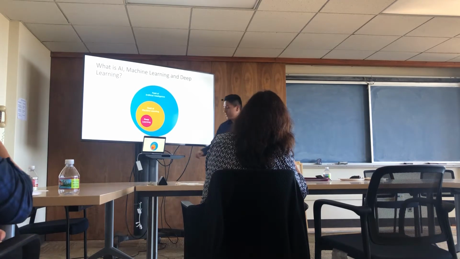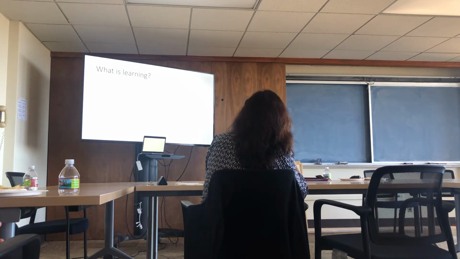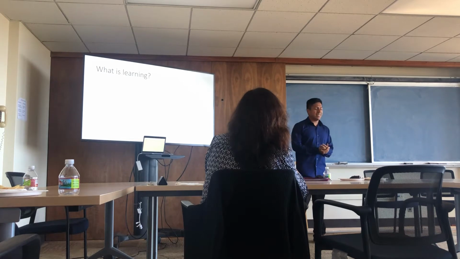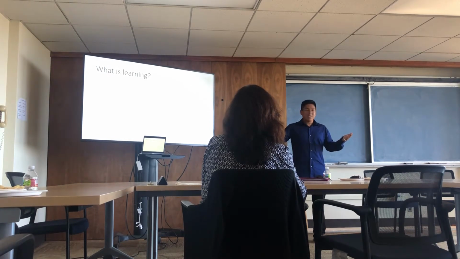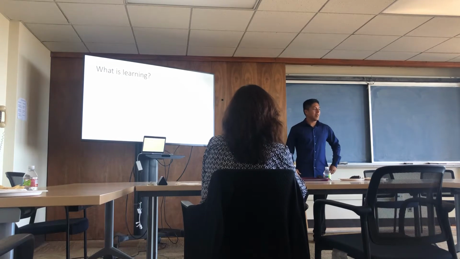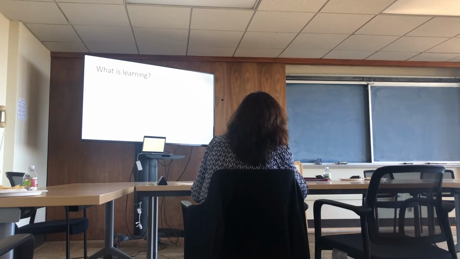And why is this a problem? First of all, you see machine learning, and you hear things such as statistical learning and deep learning. So the first question is, what is learning? How do we go from, okay, let's teach the computer to learn, right?